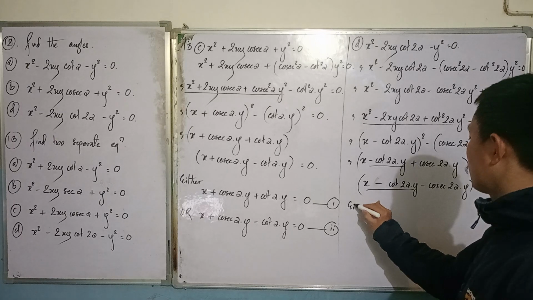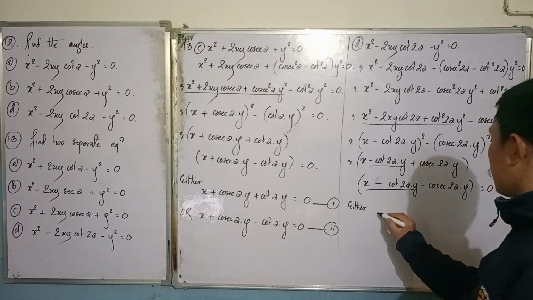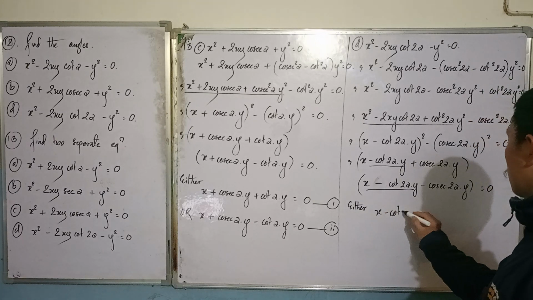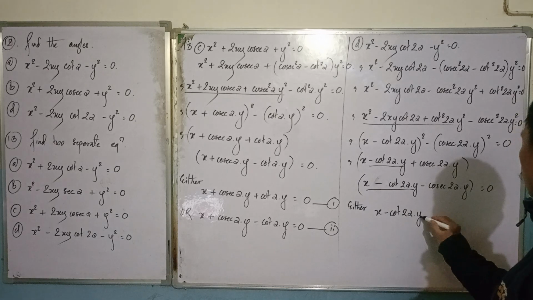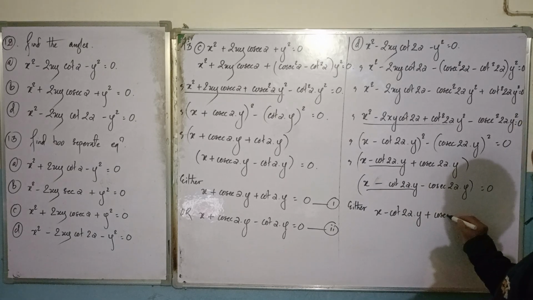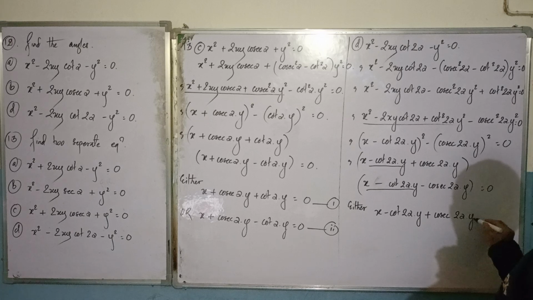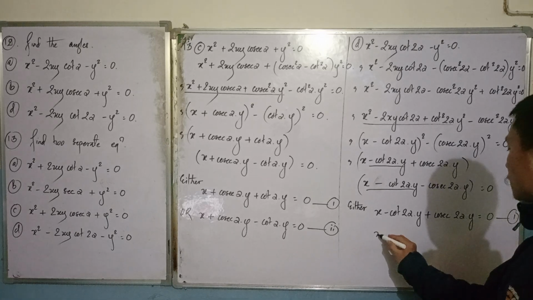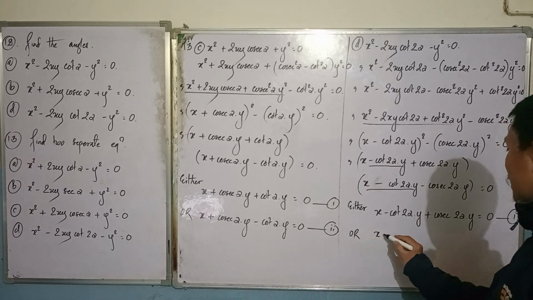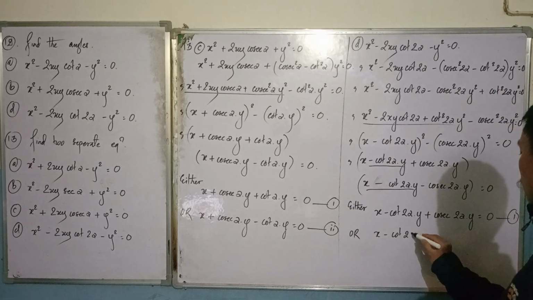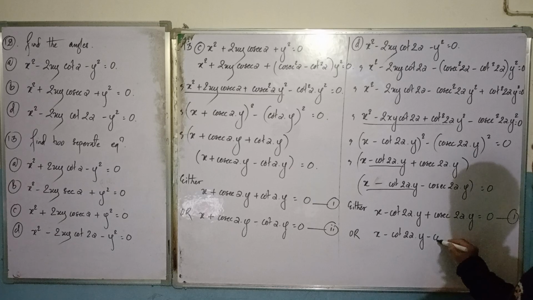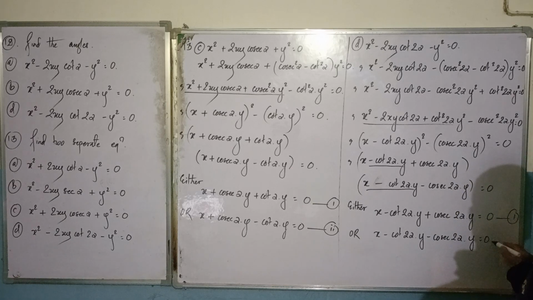So either x minus cot 2 alpha y plus cosec 2 alpha y is equal to 0, this is one, and another, or x minus cot 2 alpha y minus cosec 2 alpha y is equal to 0.